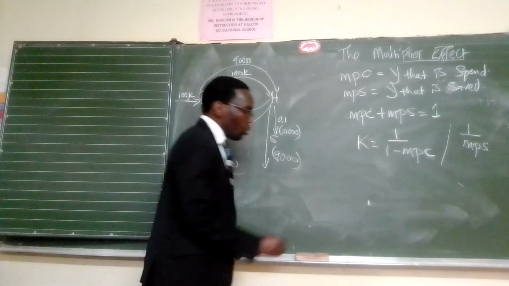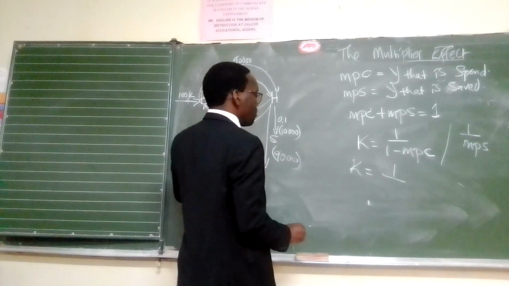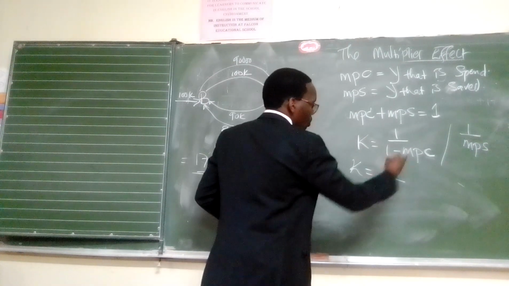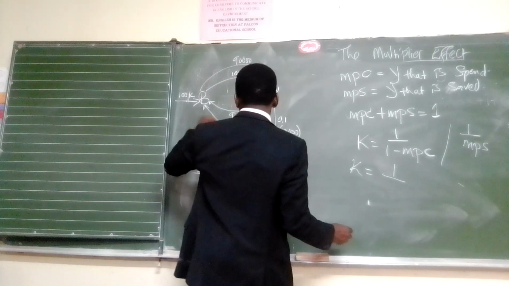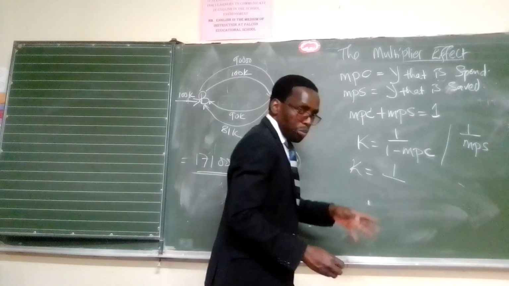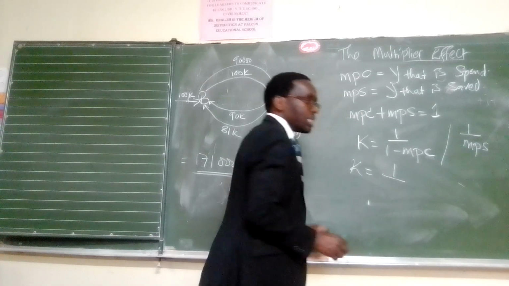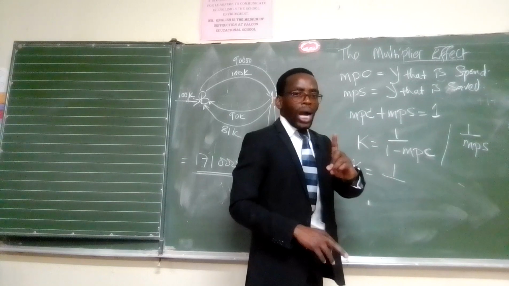What we now know is our multiplier K is equal to 1 over 1 minus MPC, or 1 over MPS. So if our MPS is 0.1, then our MPC is 0.9, because when we add 0.9 plus 0.1, we should get 1 as the answer.